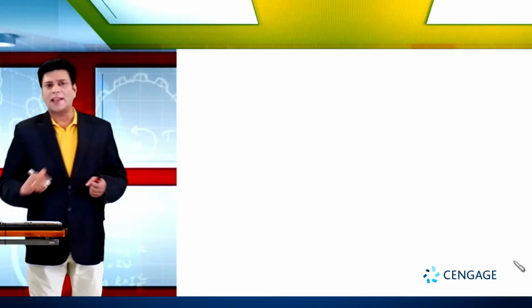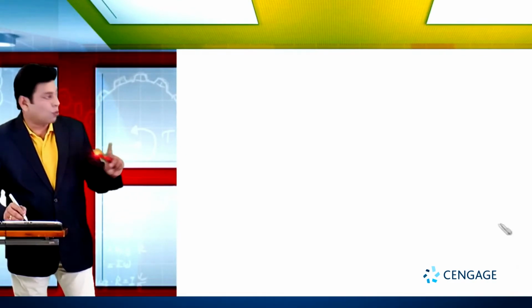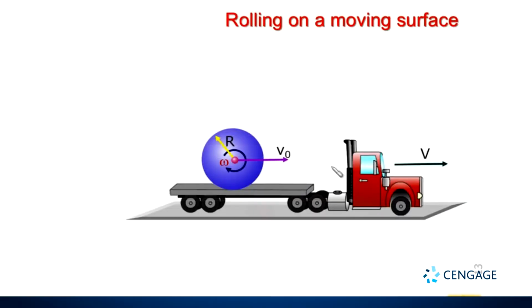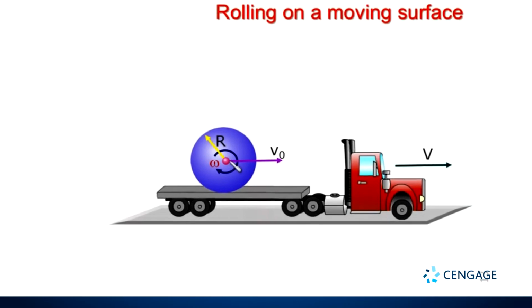Now let us analyze the cases of rolling on a moving surface. Let us consider one situation here. You can observe this truck is moving with the velocity capital V, and this plank is attached to the truck, that means this plank is also moving with the velocity capital V, and here this spherical ball is rolling on the plank.